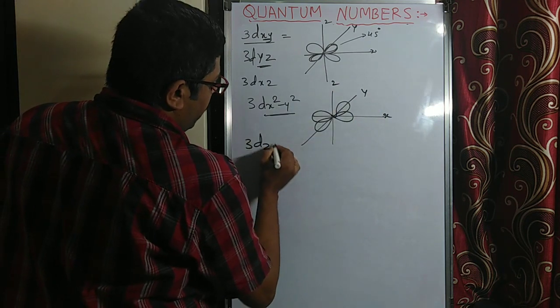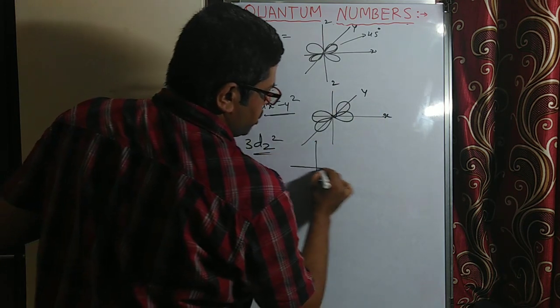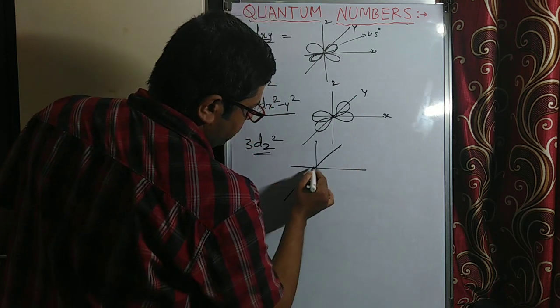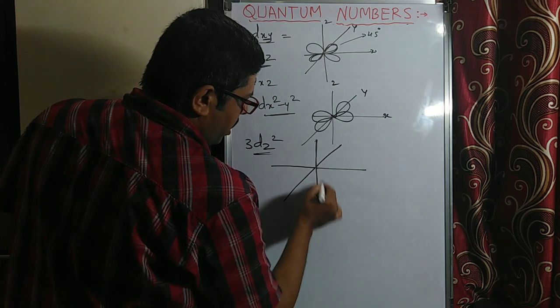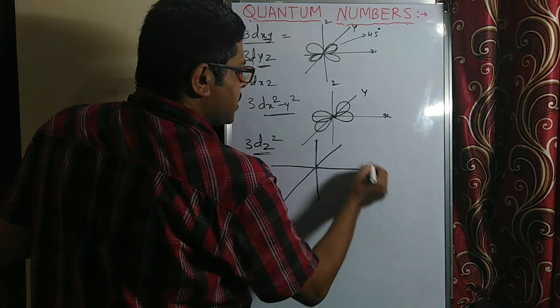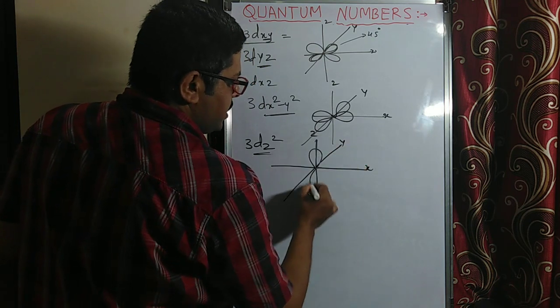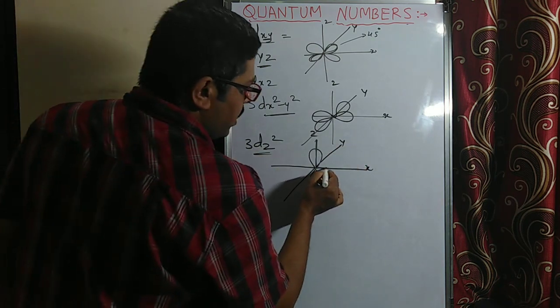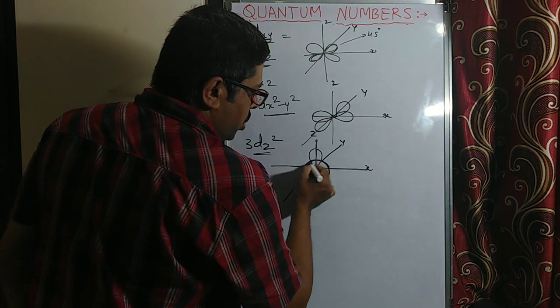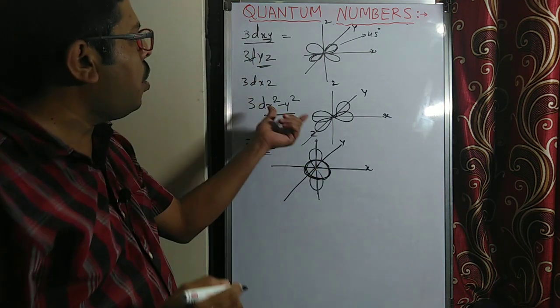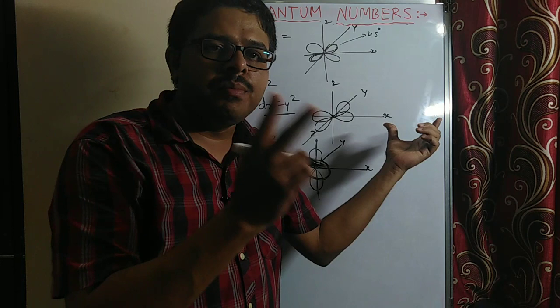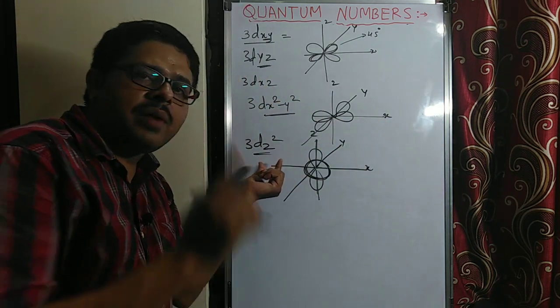And 3D z square. Very special shape. I think you ate donut. Donut, or in Kannada, vada. Right? So x, y, z. So this is z. Then remember, electron density is present like this in the donut shape. Remember, all these orbitals are having two lobes. So this is the only orbital having one lobe.